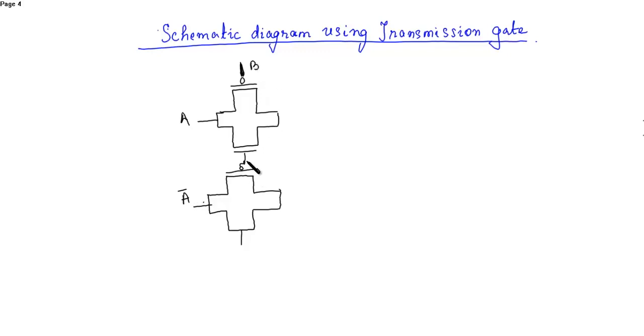So if this is B, then this side will be B bar for the first transmission gate. For the second transmission gate, if this is B bar, then this will be B. Now this is the output of the first transmission gate. This is the output of the second transmission gate. Then you have to connect these two, and the final output is obtained from here. Out is Y.